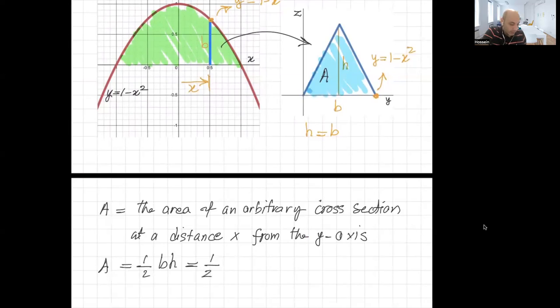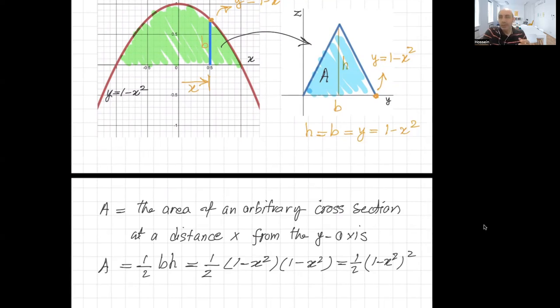So 1/2 times b, where h equals b equals y, and y is equal to 1 minus x squared. So b is equal to 1 minus x squared, and h is also equal to 1 minus x squared. So the area is equal to 1/2 times (1 minus x squared) squared.